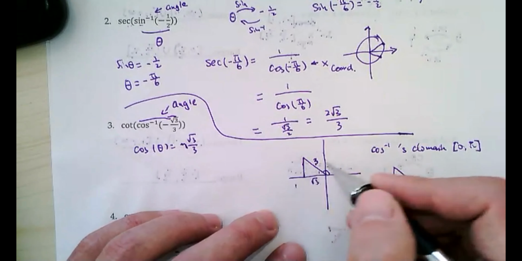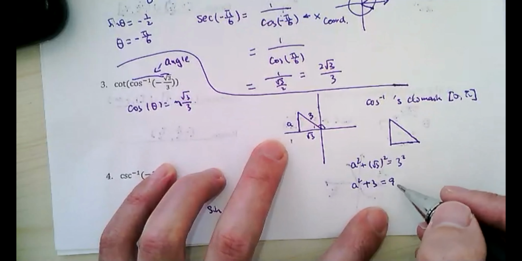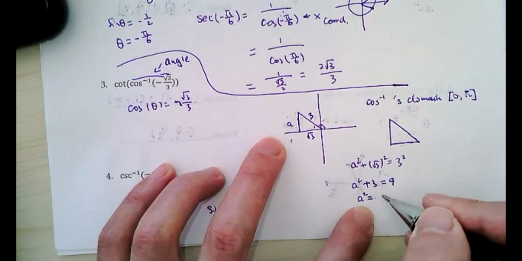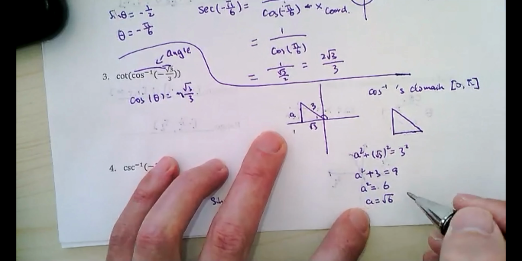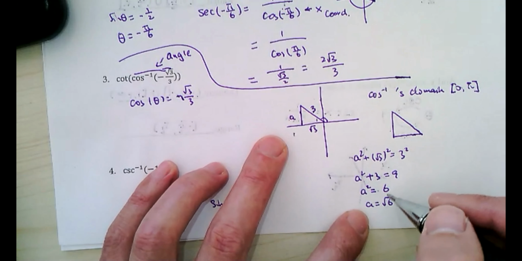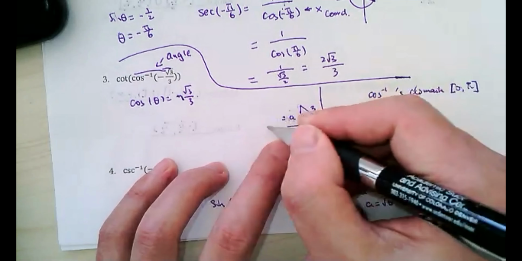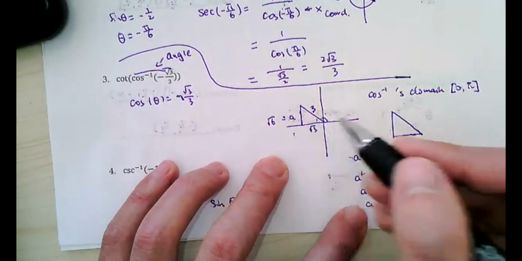So this side, let's say, is a. So a squared plus square root of 3 squared equals 3 squared. So a squared plus 3 is 9. a squared is 6. a is square root of 6. Is that correct? So we figure out the opposite side is square root of 6.